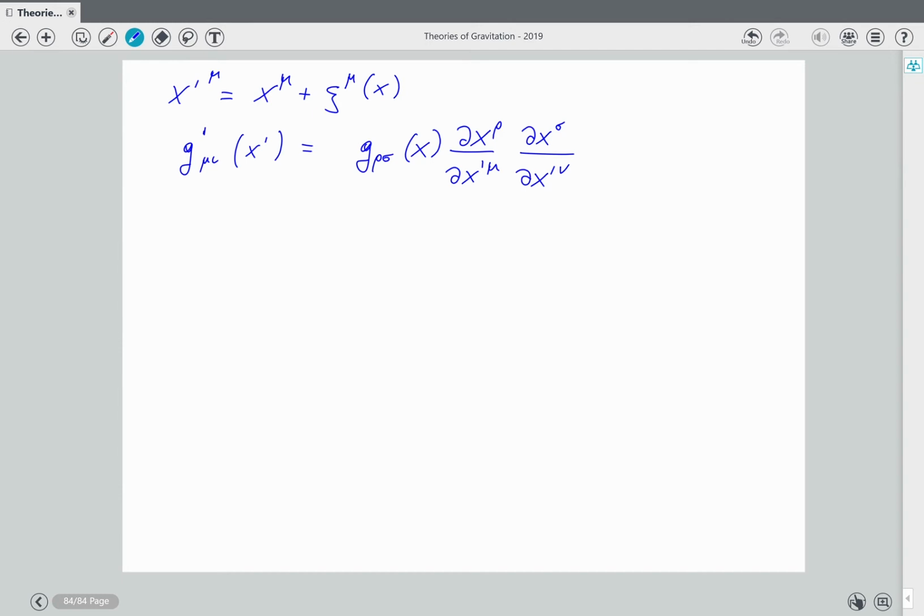And this is also g'_{μν}(x'), but x' is x plus the function ψ. Then you Taylor expand that to the first order. So you have g'_{μν}(x) plus, to the first order, ψ^ρ ∂_ρ g'_{μν}(x).